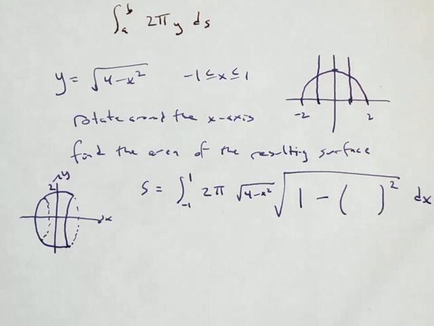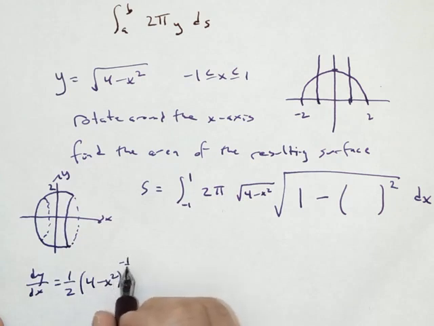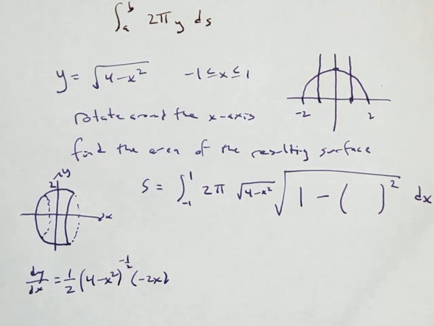What goes inside the parentheses? So compute for me. Give me that derivative. Okay, wait a minute. dy/dx is 1/2 (4 minus x squared) to the negative 1/2, times negative 2x because of the chain rule.